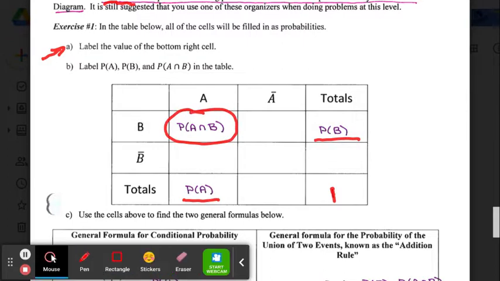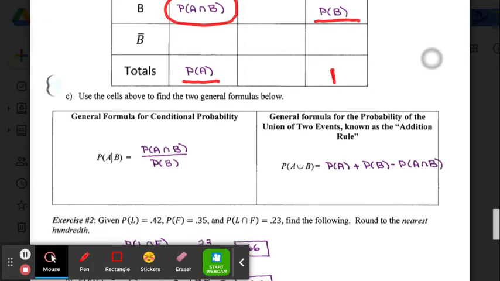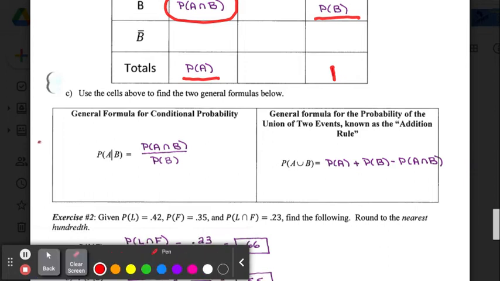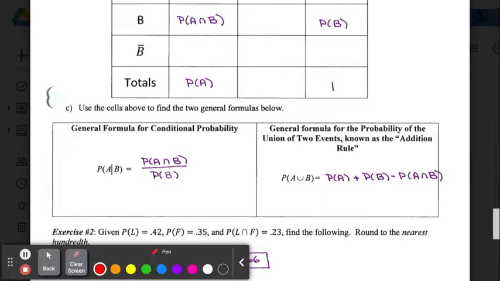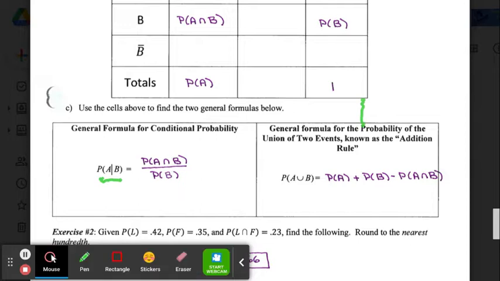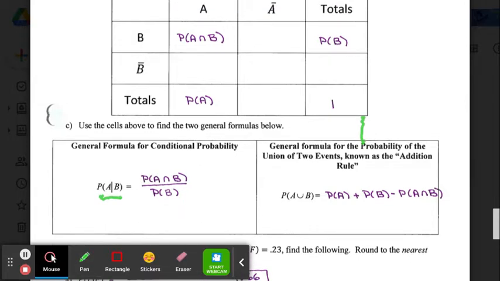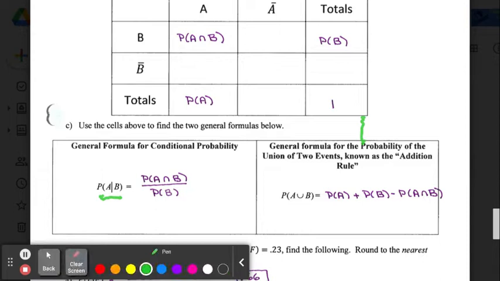Now, we're going to go over some general rules. The general formula for conditional probability. So what we had done, the probability of A given B. Let me just clear my screen. If we were doing this in one of the previous lessons, we would say probability of A given B. So we would have used this row.